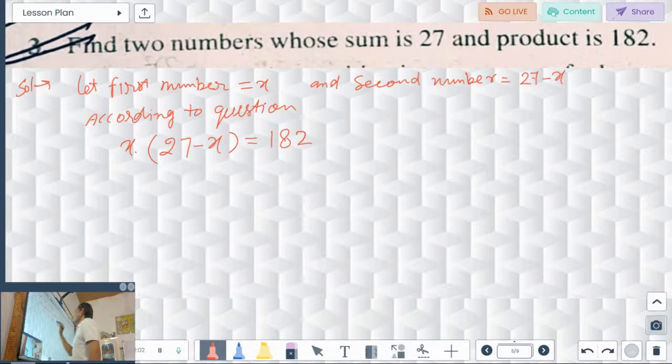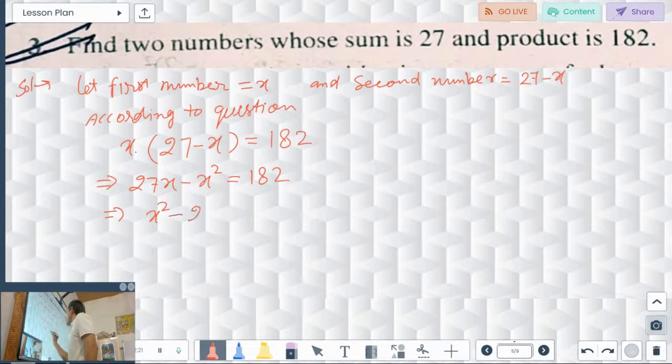Now simplify: 27x minus x square equal to 182. Now x square minus 27x plus 182 equal to 0.